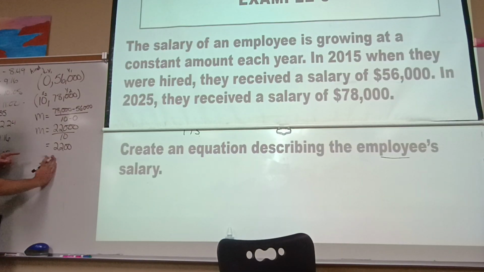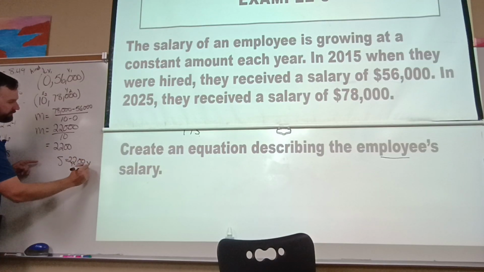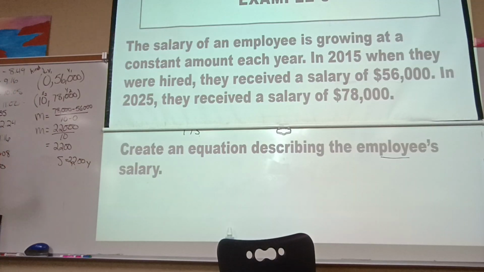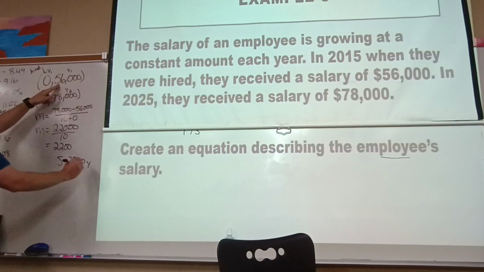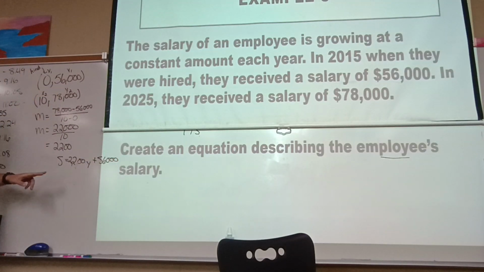So that's my slope, right? We're going to do salary equals slope times year. What's my initial value? What's my y-intercept? 56,000 because I started at 0. So, boom. If I start at 0, if I don't start at 0, what do I have to do to find my y-intercept?